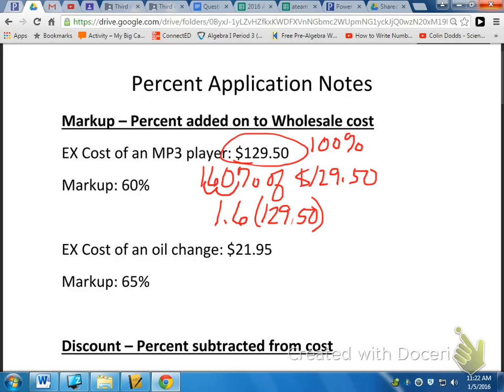Okay, when we do this, 1.6 times $129.50 gives me 207.2. But we know we're talking about money, so $207.20 would be the final price of that MP3 player.